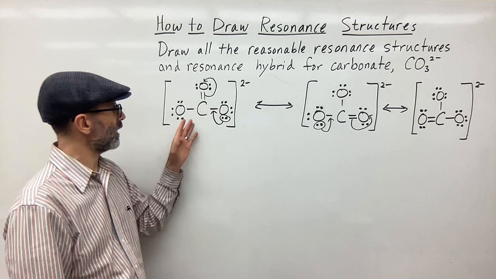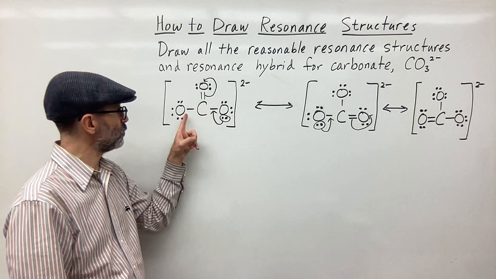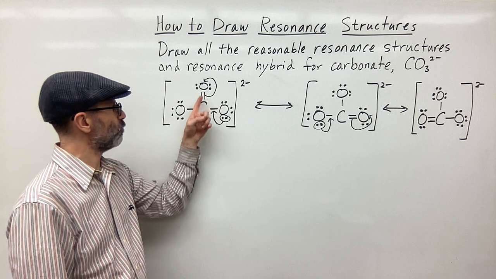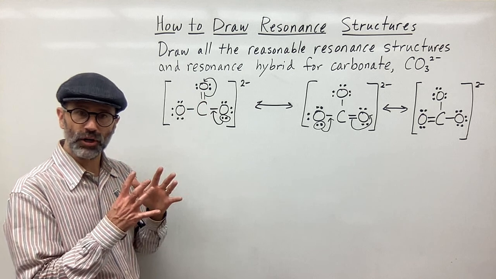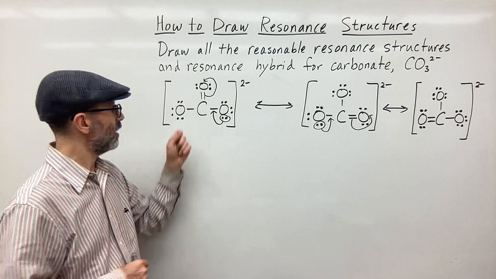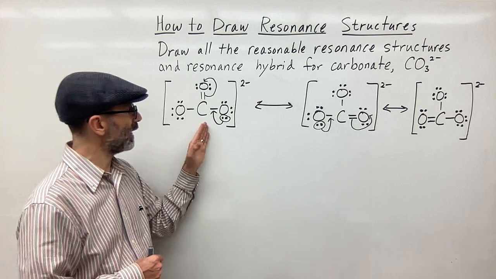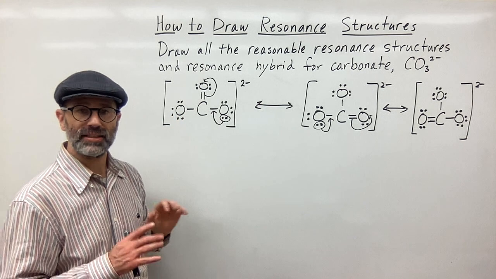So it's more like the bonds between the oxygens are equal. Now, as we draw them, they're not equal. A double bond is not the same as a single bond. Double bonds are shorter and higher in energy. Single bonds are longer and lower in energy, right? So it's not like I have two single bonds and a double bond. That's not the way it is.